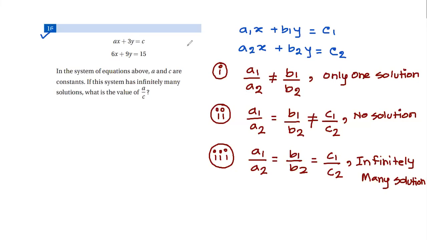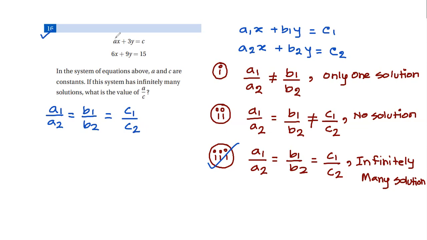Now in this question, they said the system has infinitely many solutions. So infinitely many solutions is the third case, which means the ratio of coefficients of x is equal to the ratio of the coefficients of y, which is equal to the ratio of the constant terms.